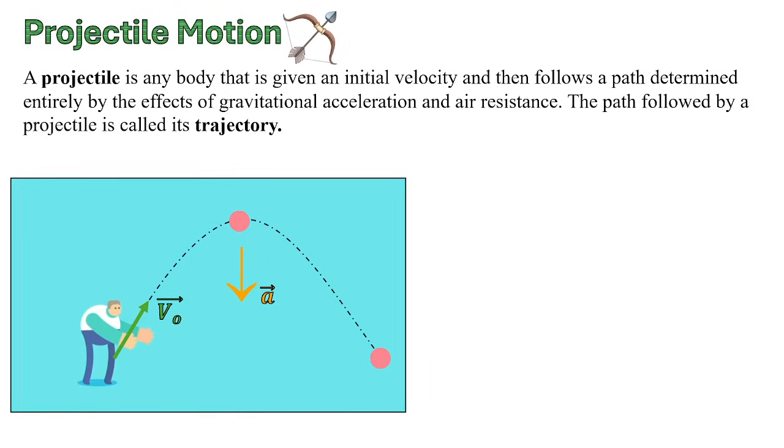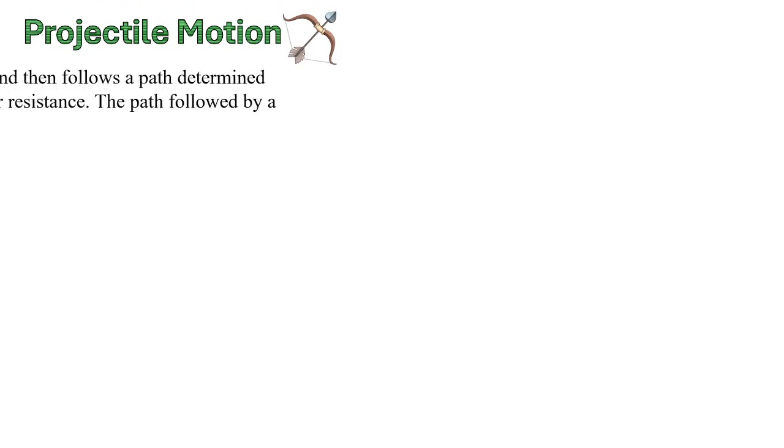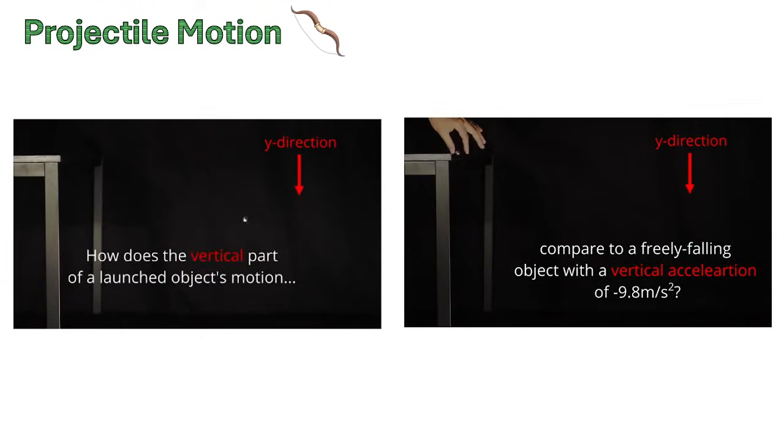It is mentioned above that the projectile is entirely affected by gravitational acceleration and air resistance. But if we remove the air resistance, that will be the vacuum.